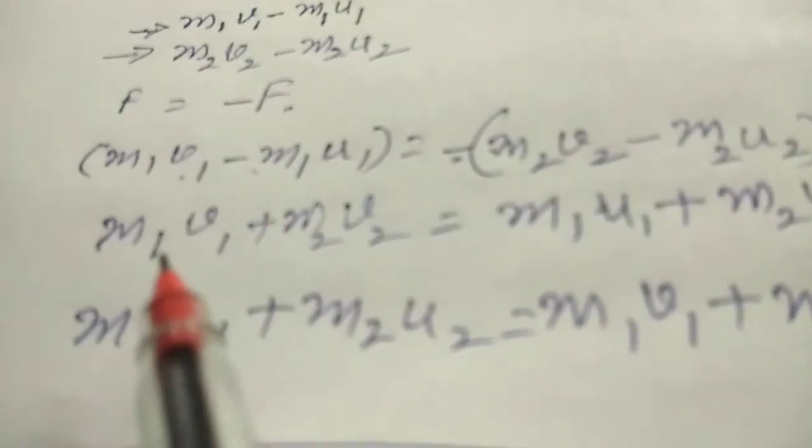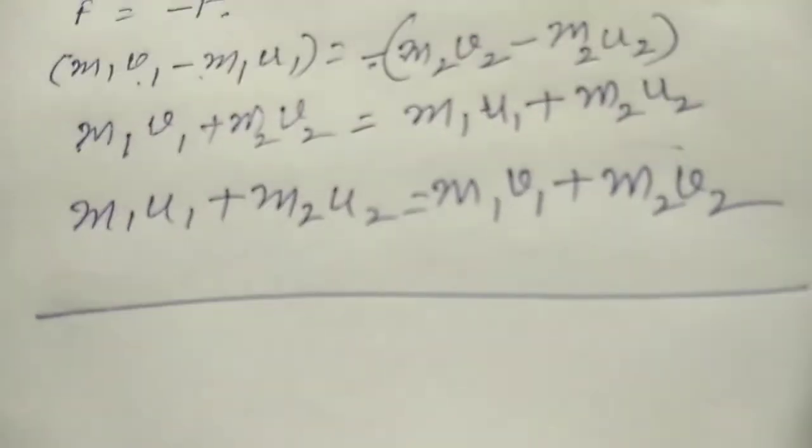Now bringing the identical terms, m1 v1 minus into plus minus only, but coming this side it becomes plus m2 v2, whereas this m1 u1 plus this coming this side becomes plus, minus into minus plus, so m1 u1 plus m2 u2.